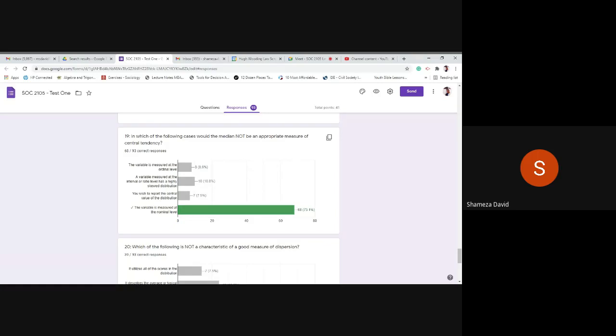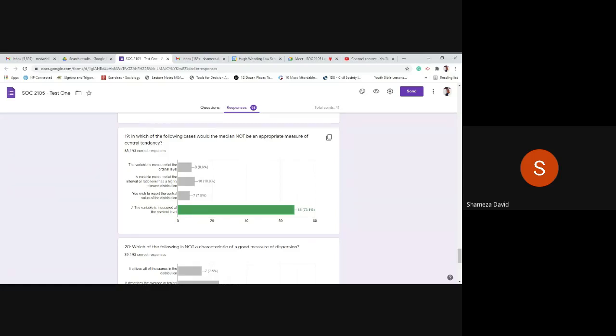A variable measured at the interval or ratio level has a highly skewed distribution. Again, that's why I said a little bit more thought would have helped, and some of these options would have been avoided. In fact, nobody really ought to have selected this option, because once you have a highly skewed distribution, this is when you rely most on the median, because the mean will not give you the most accurate value.